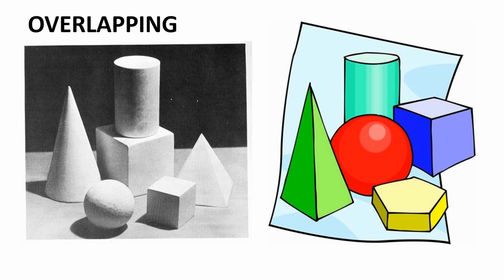As simple as that. So instead of having objects put on the same plane, some objects have to be placed behind, and that's how you create that illusion of space with overlapping. If you look at this composition here, you have a sphere, you have a small cube, you have a pyramid behind, there's a bigger cube behind, there's a cone, there's a cylinder.